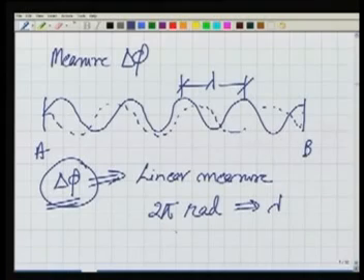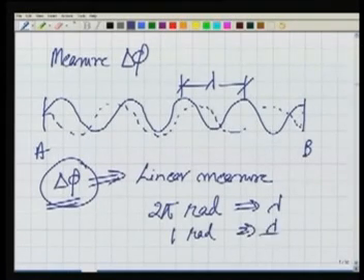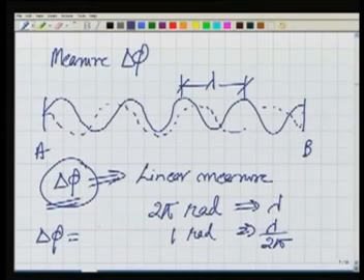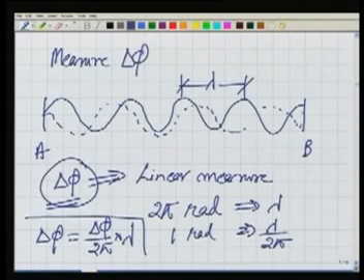So, our 1 radian in phase will correspond to lambda by 2 pi, and our delta phi phase will correspond to delta phi by 2 pi into lambda. What I am trying to indicate, well, let's take it for granted right now that there are some instruments which can measure delta phi or the phase difference.